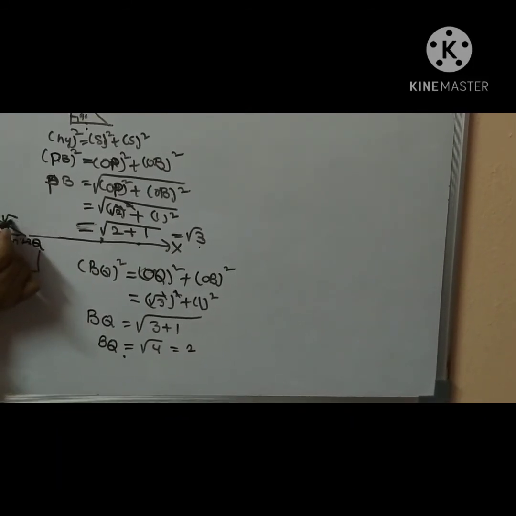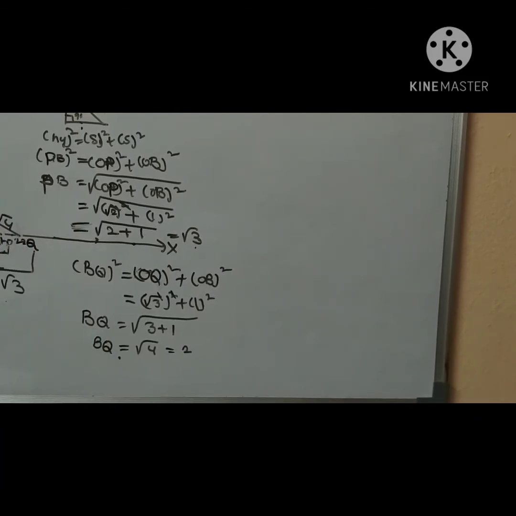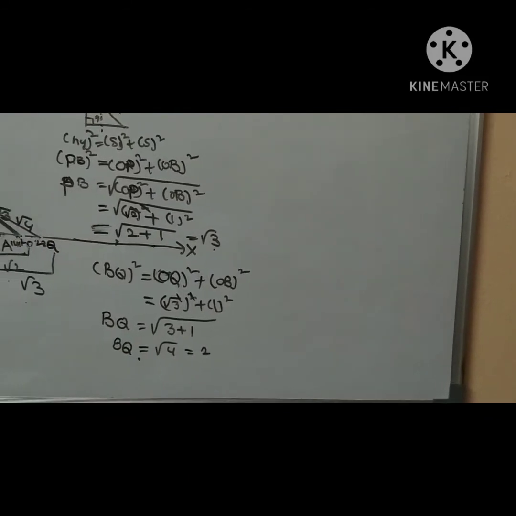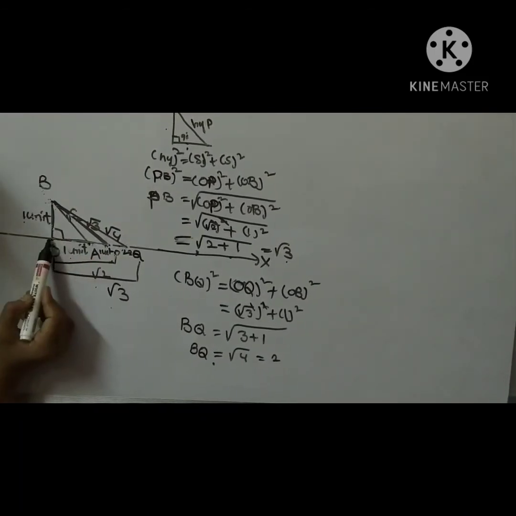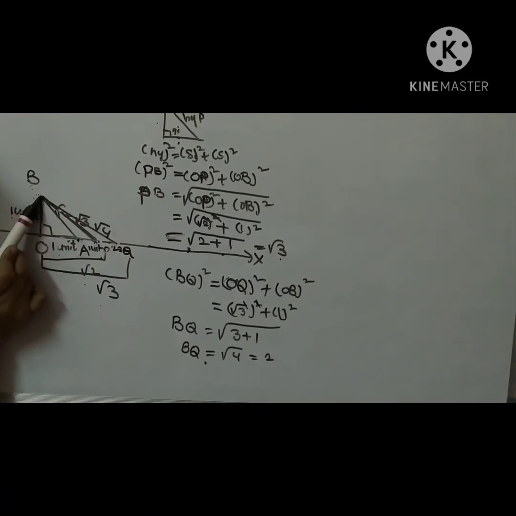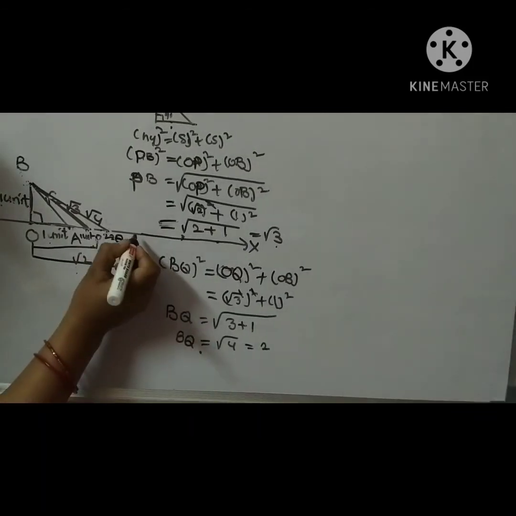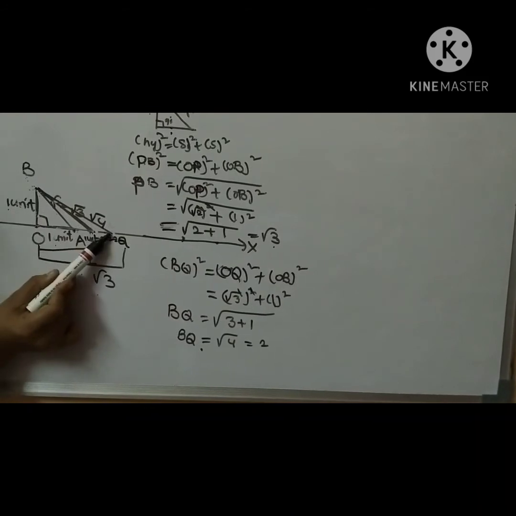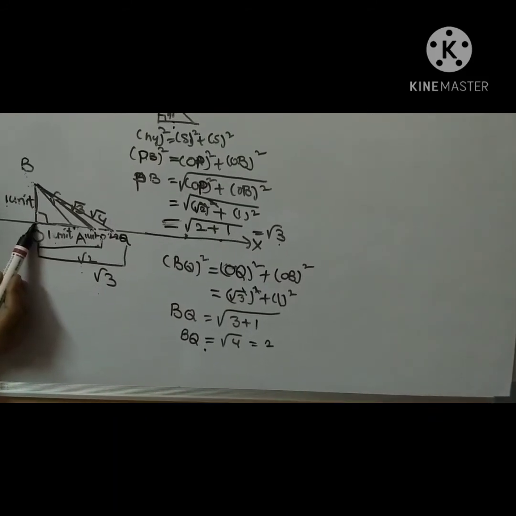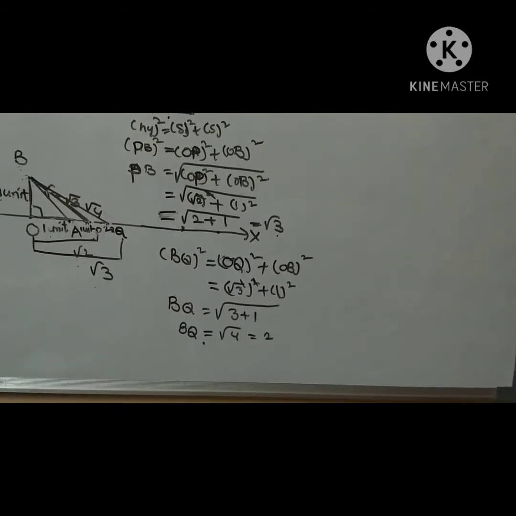So the distance of BQ equals root 4. Okay children, did you understand? At the same distance, next, BQ is the next point. So you have to take the BQ distance with the center O and draw another arc.